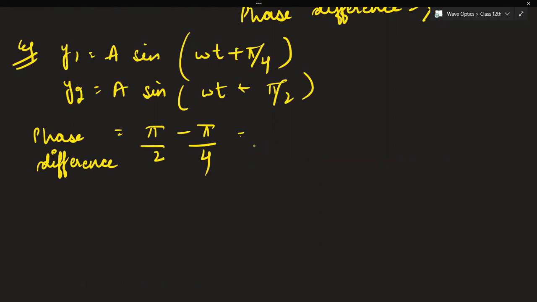So this becomes 2 pi minus pi over 4, which will become pi by 4 only. So this is the phase difference. Like this, we calculate the phase difference. So the first quantity is phase difference. That is basic before we start with actual interference.